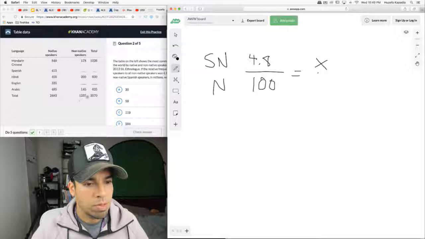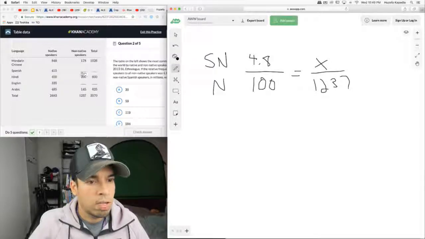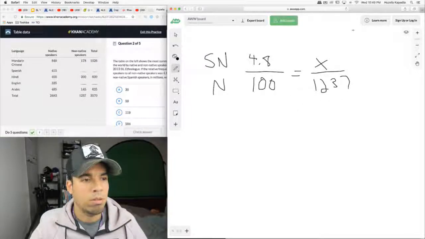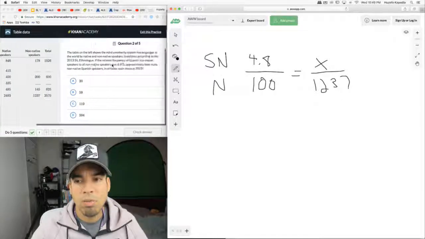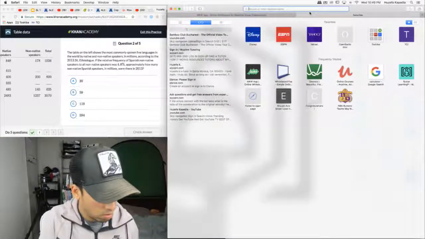All non-native speakers is 1237, right? So Spanish non-native speakers to all non-native speakers is 4.8 out of 100%. I think I've set this up correctly. This is definitely a calculator problem. So now all we've got to do is some cross multiplication. Let me get my calculator app open here.